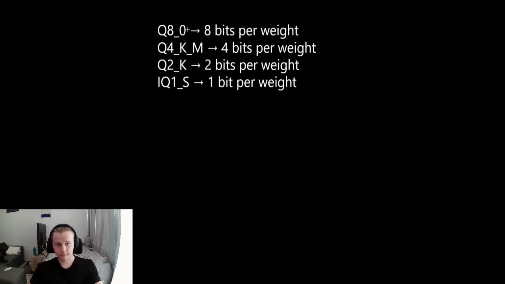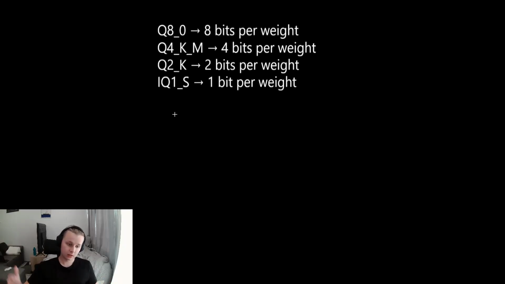So quantization is compressing the weights to be less bits. That way it takes less space, and that way it runs faster, and there is of course a performance decrease when you compress.